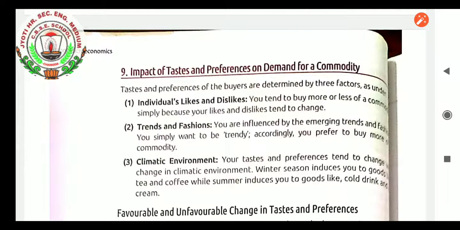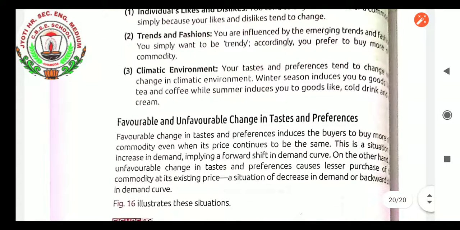Climatic environment: definitely seasonal, because of seasonal changes we also prefer to change the demand for goods. So your taste and preference tend to change with the climatic environment. Winter season induces you to goods like tea and coffee, while summer induces you to goods like cold drinks and ice cream. So it is by default an increase in demand.